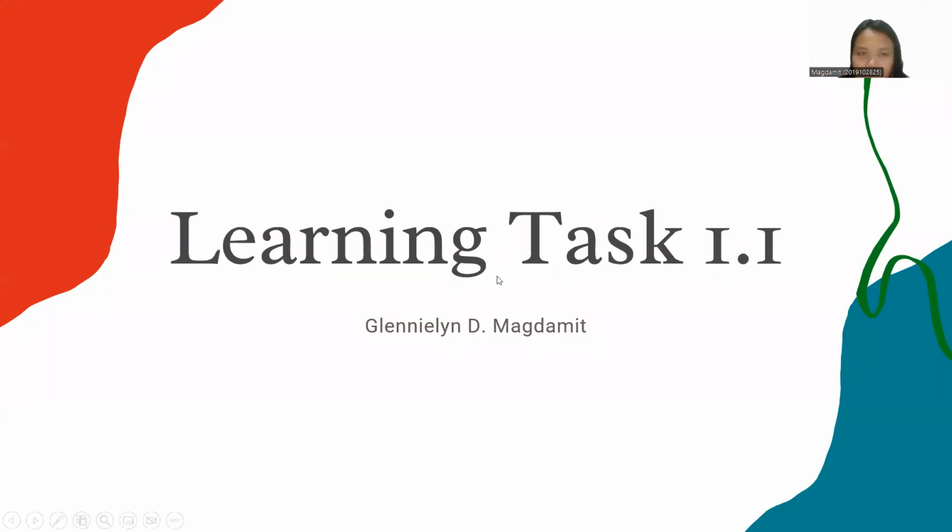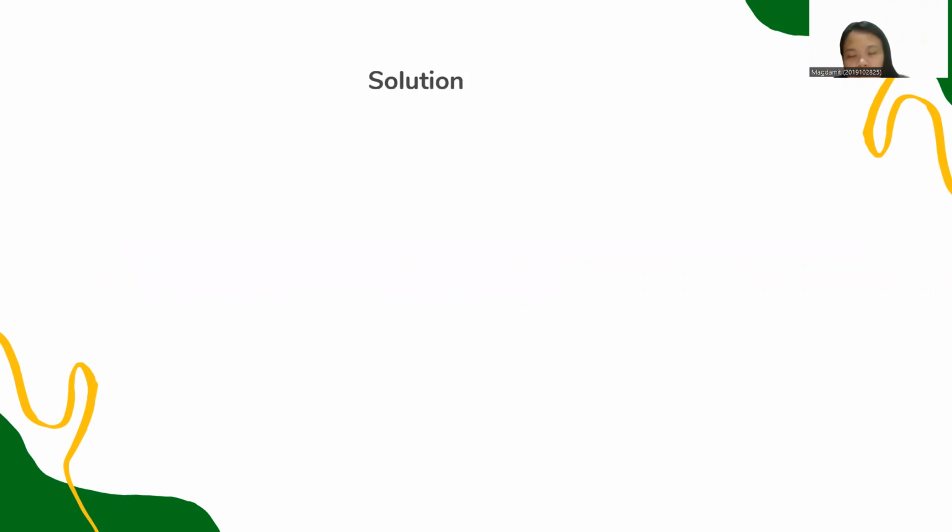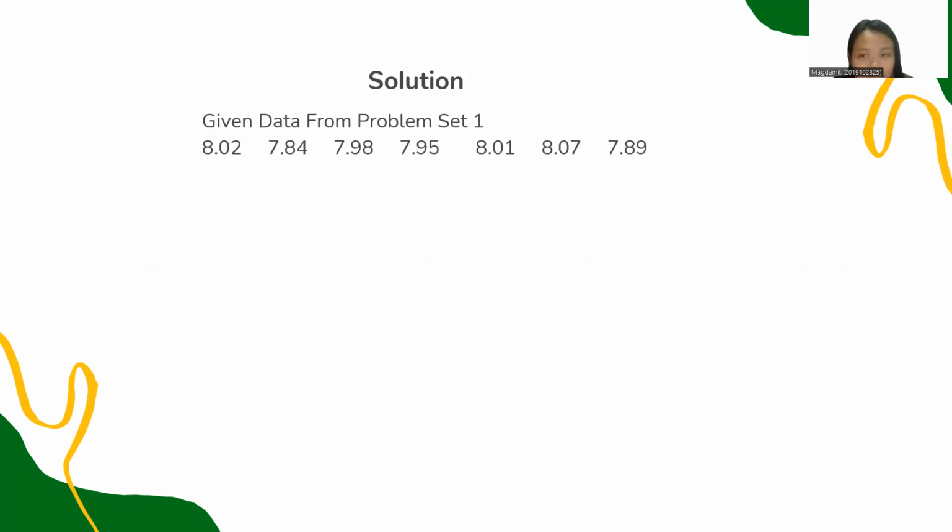Learning Task 1.1. Question number 5 of problem set 1.3. Use Dixon's and Grubbs methods to test for outliers in the water hardness data in problem 1. The given data set for problem number 1 are 8.02, 7.84, 7.98, 7.95, 8.01, 8.07, and 7.89.